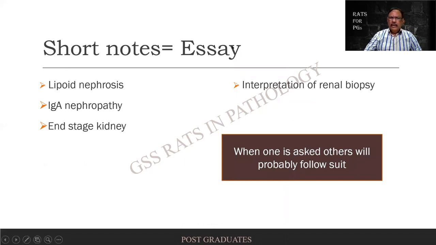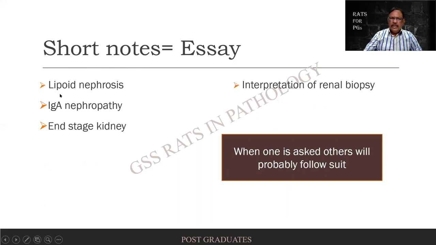Again, a word of caution: short notes can be essays, essays can be short notes. Part of essays can be asked as short notes. These are all questions: lipoid nephrosis, IgA nephropathy, end-stage kidney, etc. All short notes. But then you can also get a question of interpretation of renal biopsy, wherein you will have to add all the factual details of these things also.